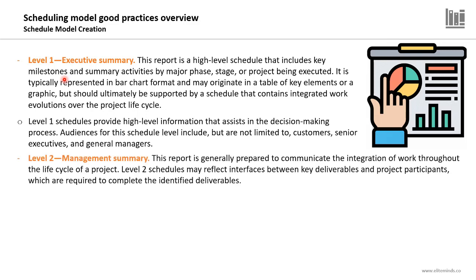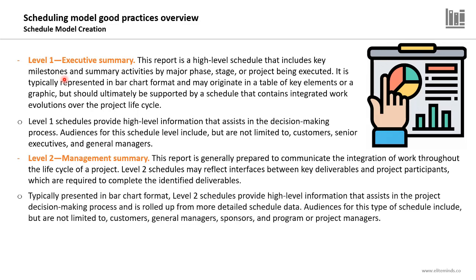We have level 2, or the management summary. This report is generally prepared to communicate the integration of work throughout the life cycle of a project. Level 2 schedules may reflect interfaces between key deliverables and project participants, which are required to complete the identified deliverables in the project. So this is a more detailed level, typically presented in bar chart format.